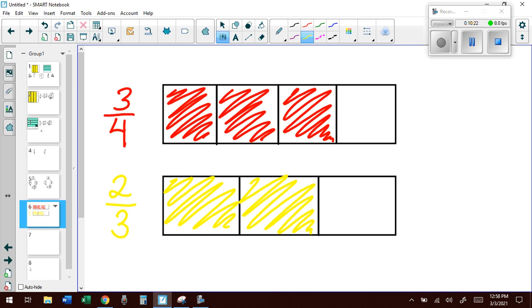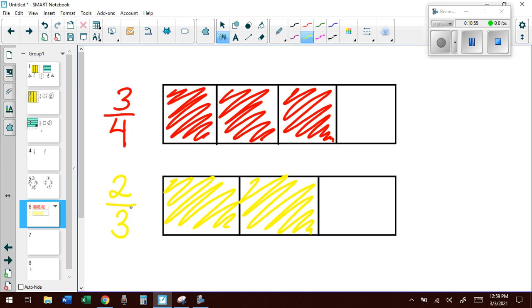Now, I agree that they are both one away from one whole. However, you remember that the smaller the denominator, the larger the pieces. So here we have two big pieces, which is impressive. And here we have three small pieces, which is not as impressive in my mind. However, if we look at it from the opposite end, they are one away from one whole.